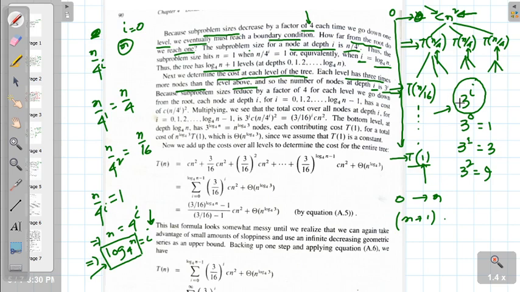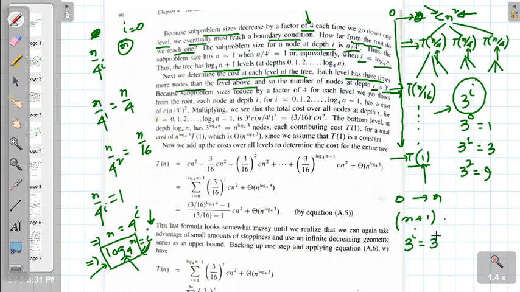Now with this observation, at the leaf level we simply put the i value there, because at the leaf level the i value is known. So the leaf level has 3 power i nodes, where i equals log n base 4.